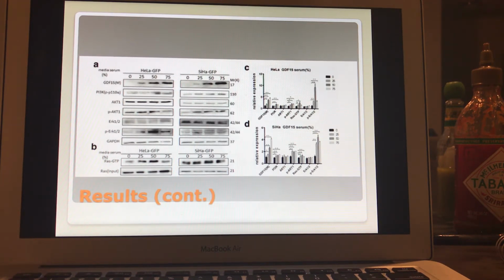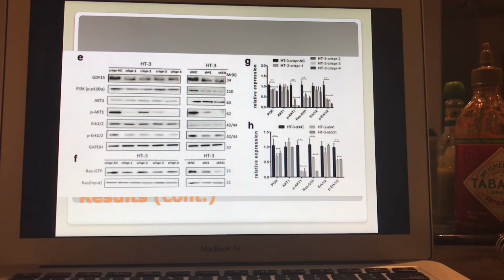In this study, the expression levels of PI3K, AKT1, pAKT1, ERK1/2, and RAS-GTP were detected by Western blotting or immunoprecipitation assay. In figures A through D, there is an increase in the expression of PI3K, pAKT1, pERK1, pERK2, and RAS-GTP in both HeLa and CHA cells.